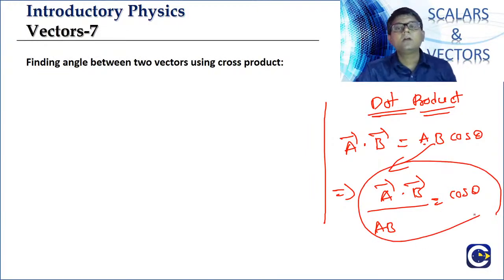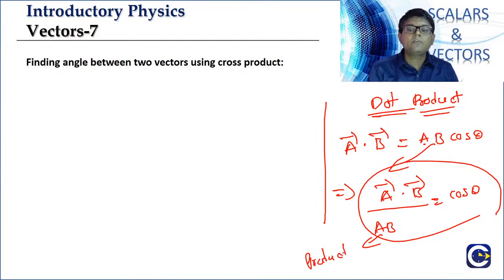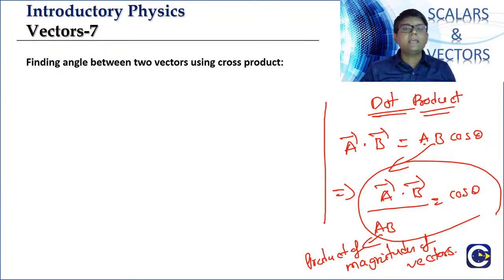So cos theta is equal to the numerator, which is the dot product value, A bar dot B bar, the dot product of the two vectors, divided by A into B. What is this? The product of the magnitudes of the vectors.